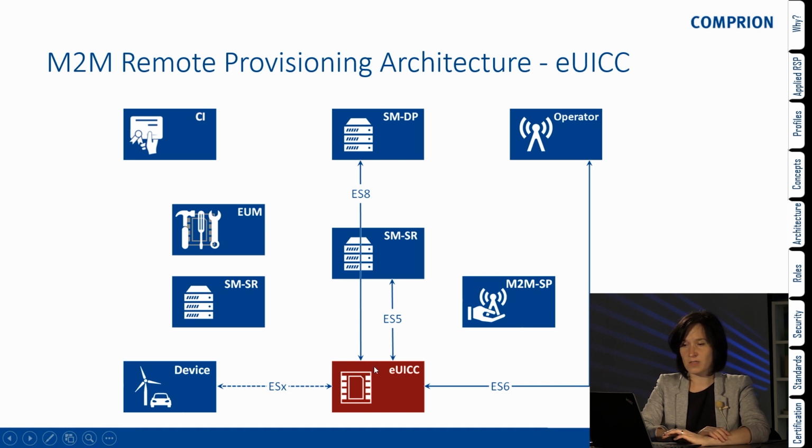The second main part is the ES5 interface to the SM-SR, subscription manager for secure routing, and the ES8 to the subscription manager for data preparation. We also have an interface to the operator for the regular OTA, over-the-air communication. And an interface which is only partially defined is the interface to the device.